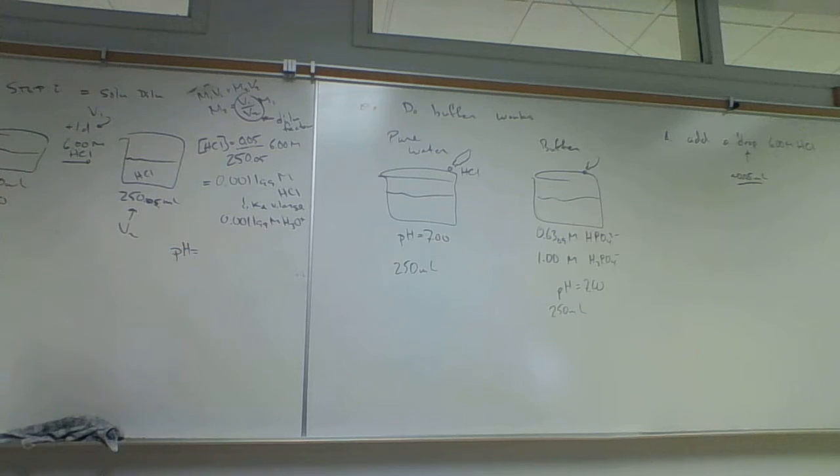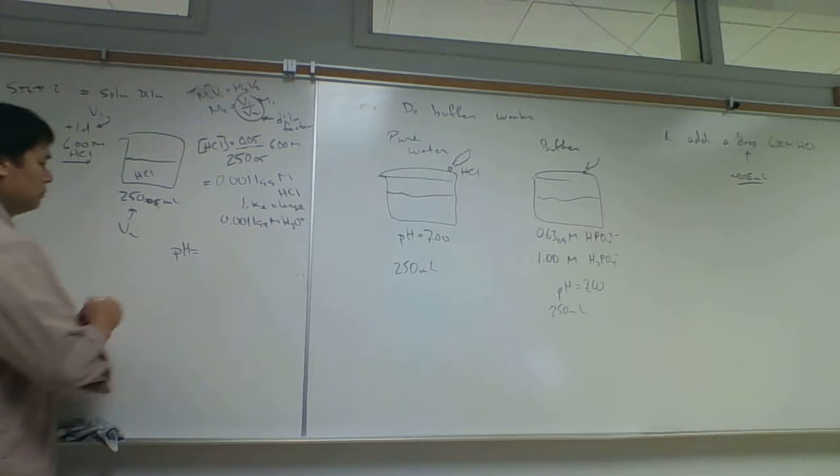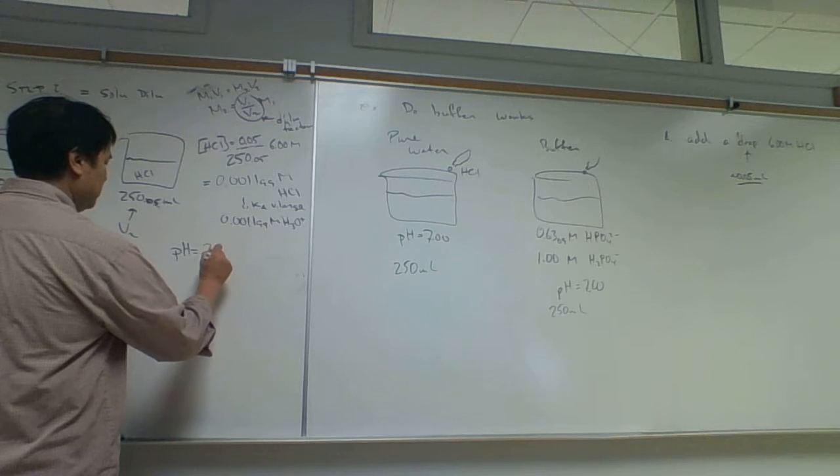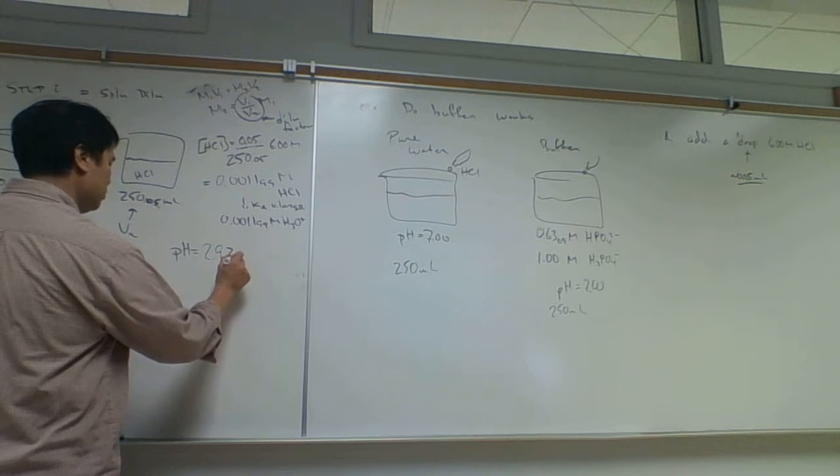What is the pH? What happened to the pH of water? The pH of water went from 7 to, we'll just take the negative log of this, 0.001199. The pH is going to go to 2.921.